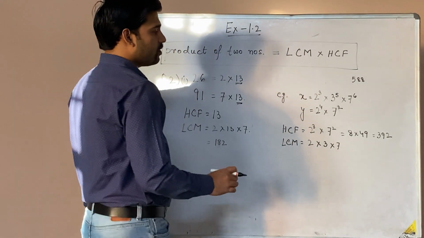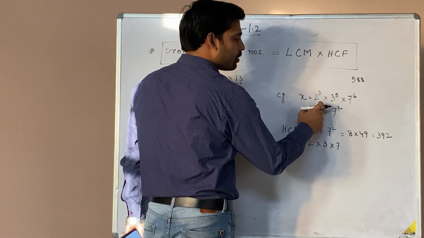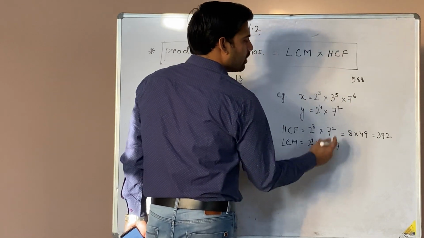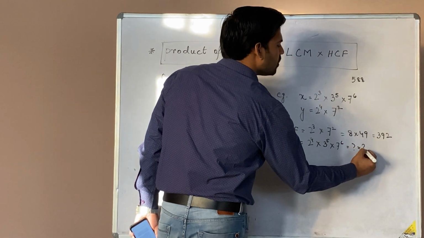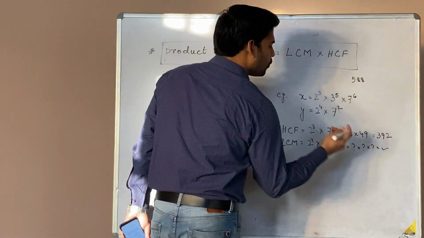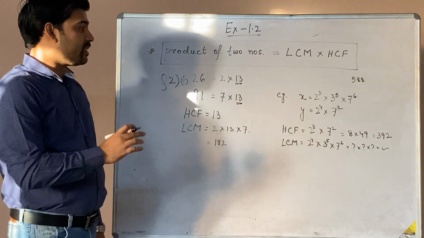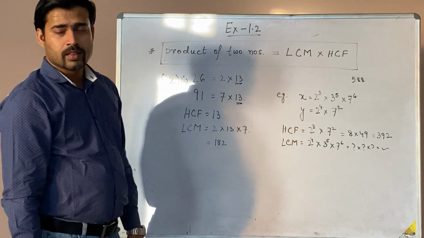Now what is the highest power? 2's highest power is 4. Here it is 3, here it is 4, so the highest power is 4. 3's highest power 5. 7's highest power 6. Find out each and every number, multiply them, and you will get what? The LCM of these two numbers. So hope the thing is clear to you, how to find out HCF and how to find out LCM.